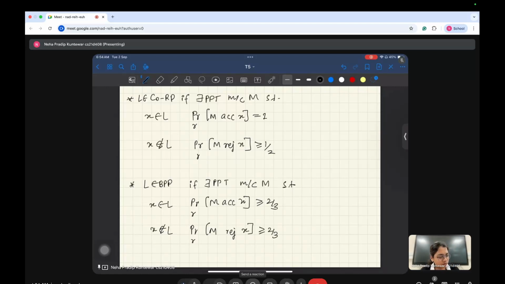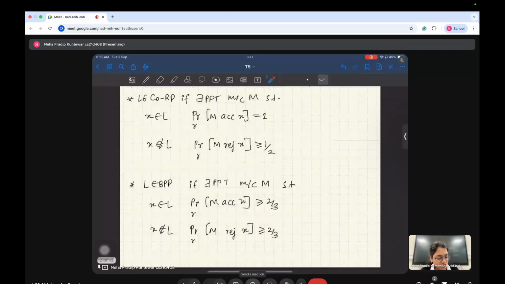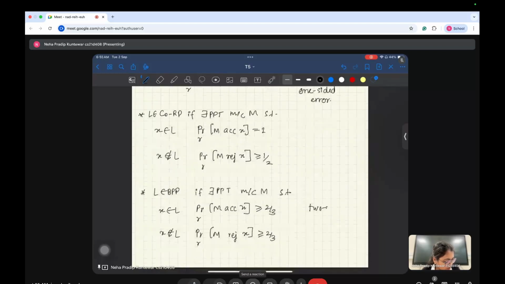Notice that while defining the one-sided error class, we used a success probability of 1/2, whereas here we are using 2/3. We'll see later why that is the case and why we are not simply using half. This is called a two-sided error algorithm.